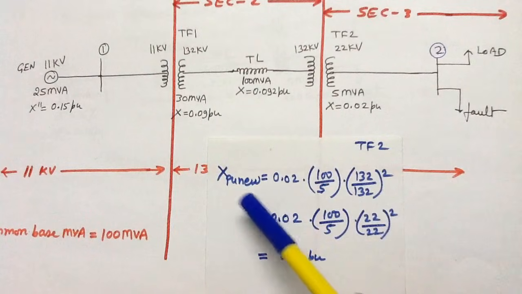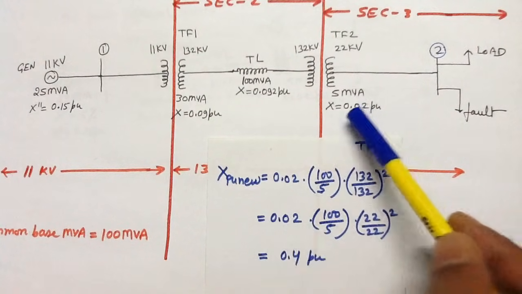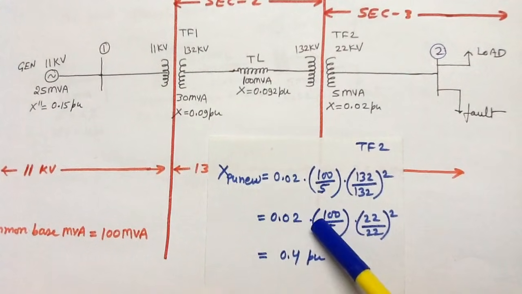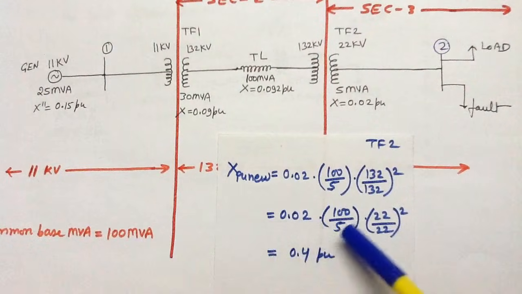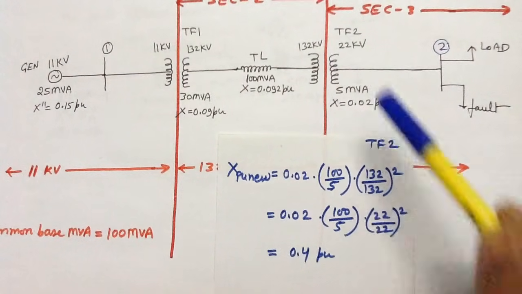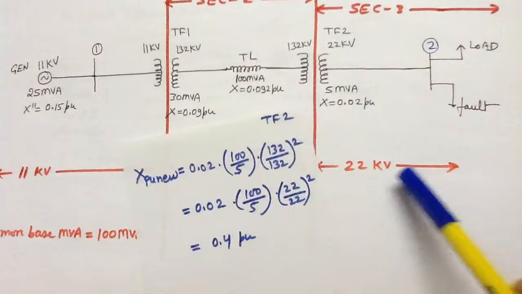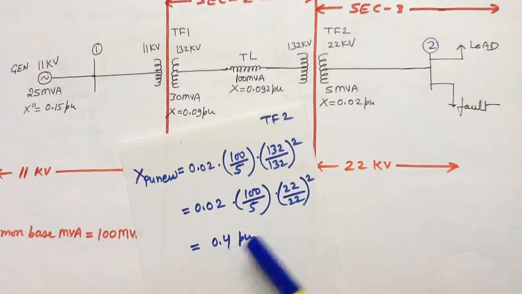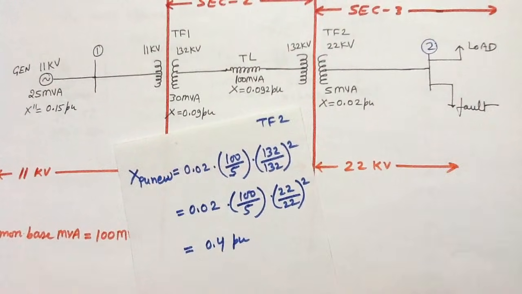The new per unit reactance equals old per unit reactance into the new base power divided by old base power into the old base voltage divided by the new base voltage square, and you will get 0.4 per unit.